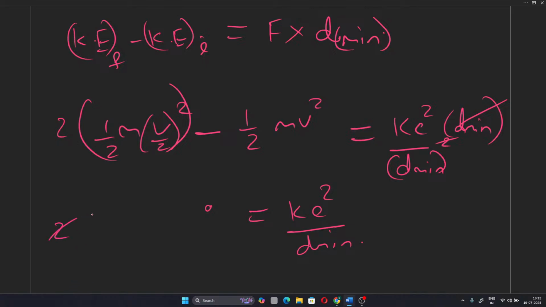The half will be cancelled, so m v square by 4 minus half m v square, and there is also k here.